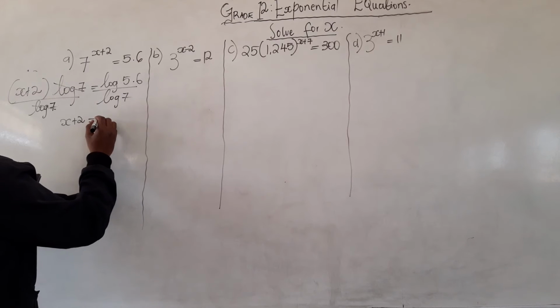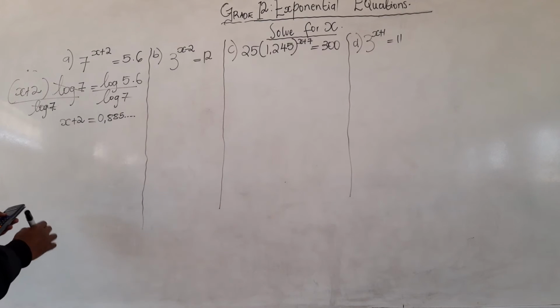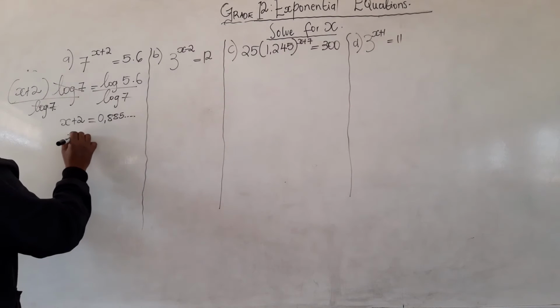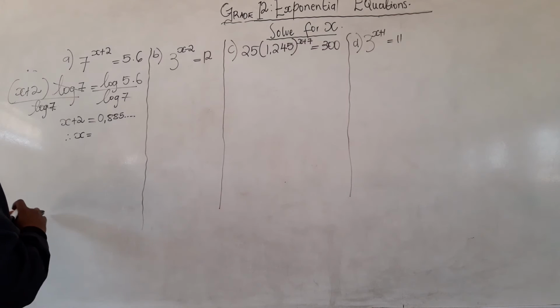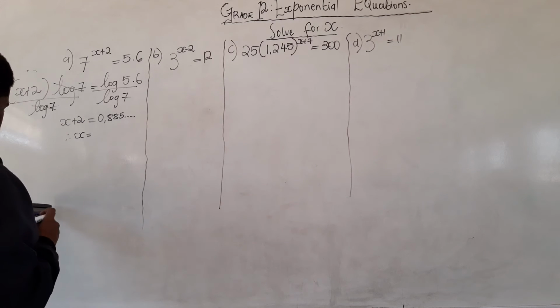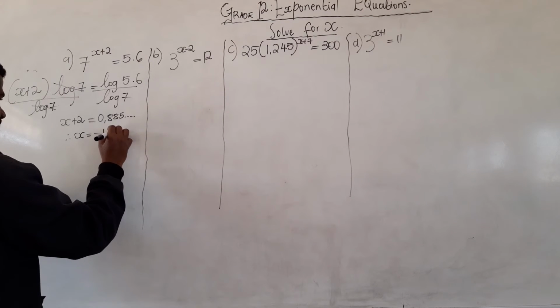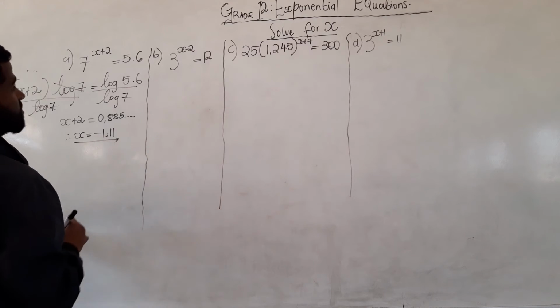So x plus 2 is equal to 0,8853, and you write the recurring sign. Therefore, x is equal to 0,885 minus 2, and then your final answer is negative 1,1, and then you are done.